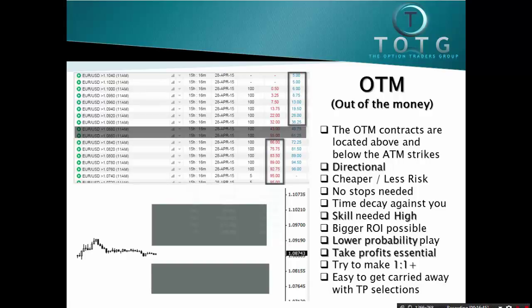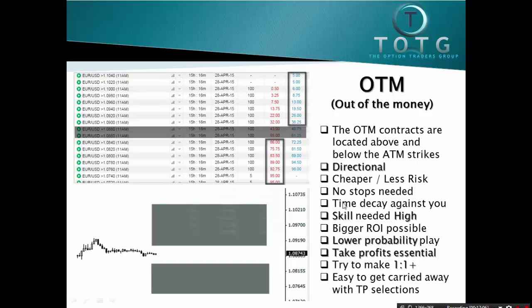So that's the reason why take profits are really essential on this. And you're not going to be holding these trades till expiration like on an in the money. You're going to want to take profit, and take profit pretty quickly, if you get into a profitable situation. There's no stops required on this because the risk is so low.